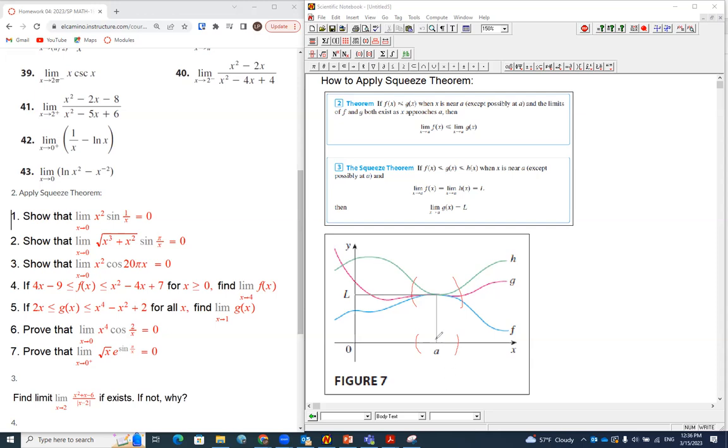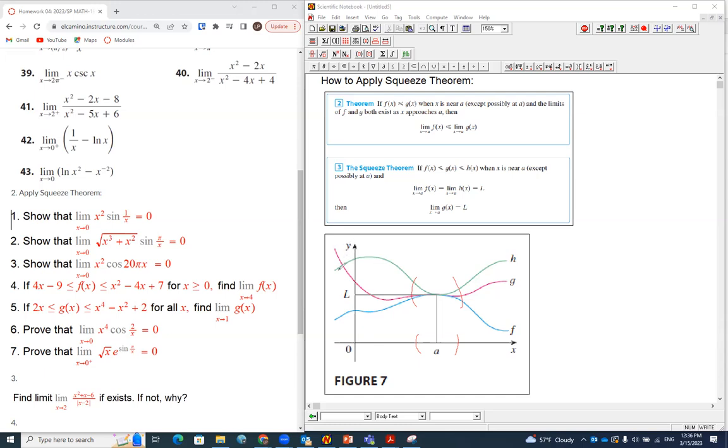So at point A, it may be a different story, but because in a limit we don't consider the value of the functions at A, whether these three functions are all defined or not defined, or one of them is defined at A, or all of them are defined at A, it wouldn't matter to us.